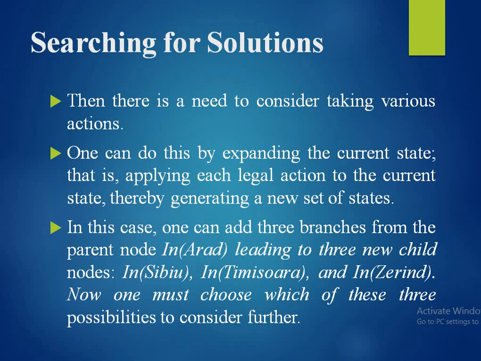In this case, one can add 3 branches from the parent node in Arad, leading to 3 new child nodes: in Sibiu, in Timisoara and in Zerind. Now, one must choose which of these 3 possibilities to consider further.